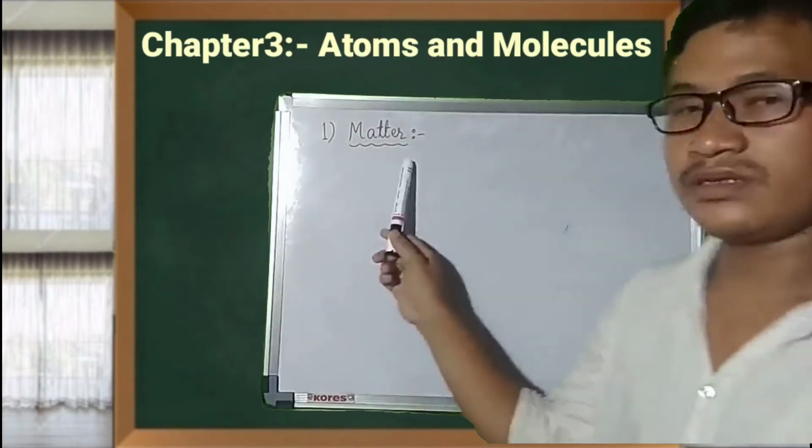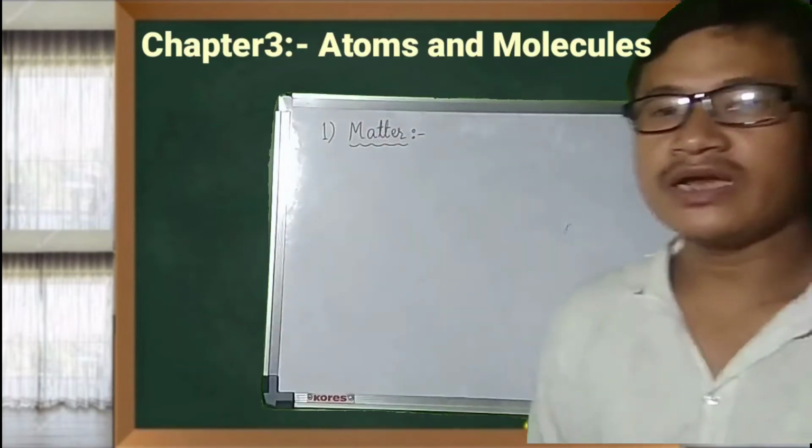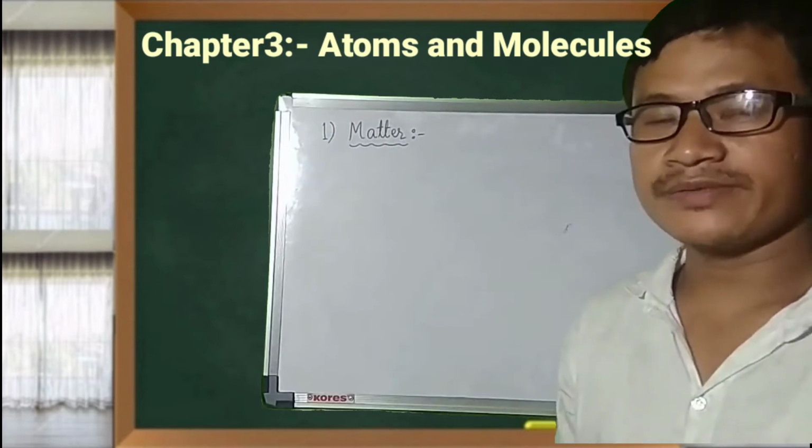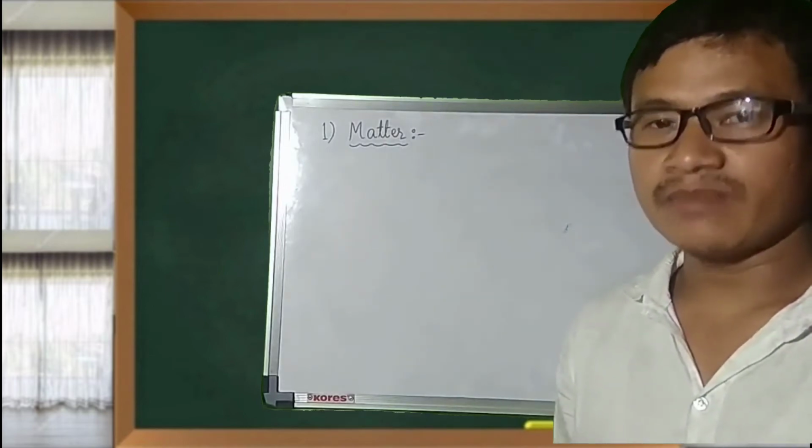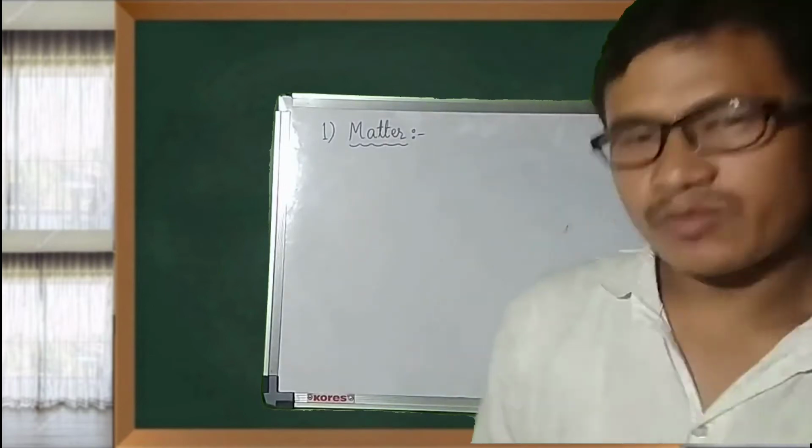Firstly, you have to know what a matter is. A matter is anything that occupies space and has a definite mass. Suppose you are in your study room. So what things do you see in your study room or on your study table?